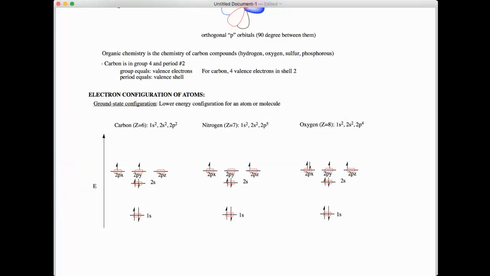I have a question. Go ahead. Isn't it nitrogen, the last one, 2p3 instead of 2p5? Yes. Okay, so you just increase one electron in the valence shell for each one of them.